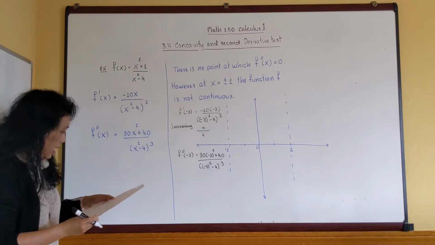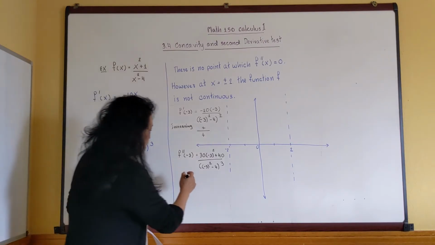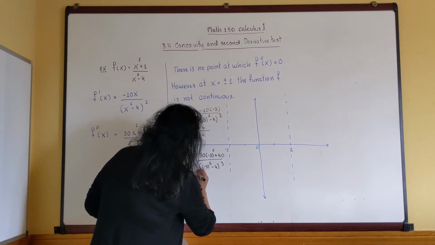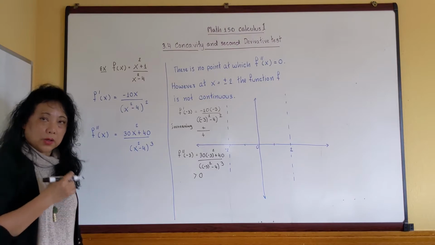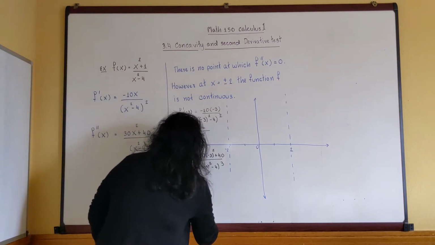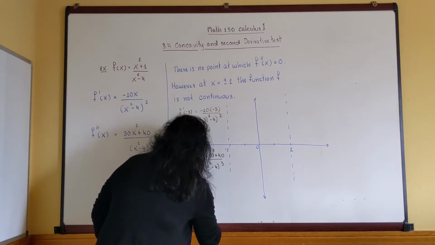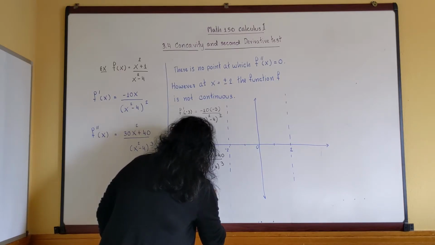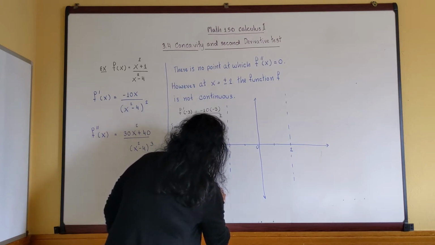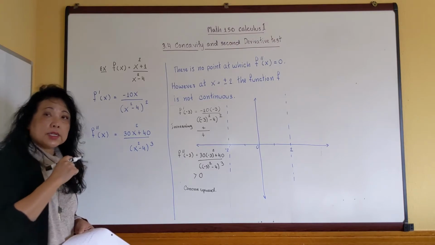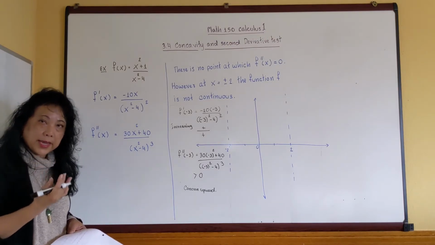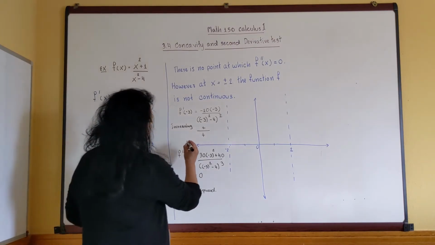If you simplify this, it's going to be positive. It's going to be greater than 0, so you know it's concave upward. So in this region, it's increasing and concave upward. So your graph should look like this.